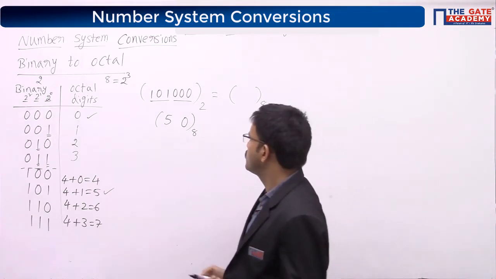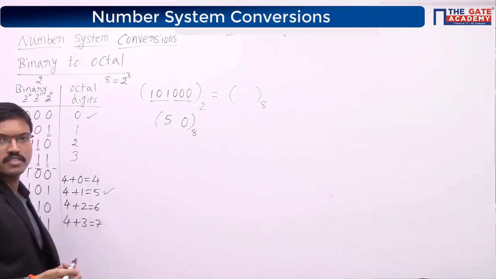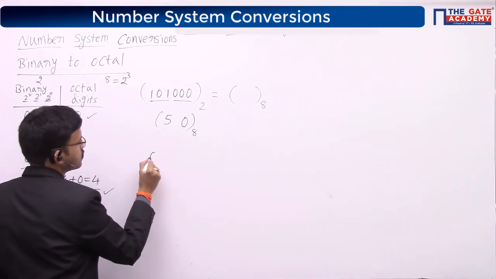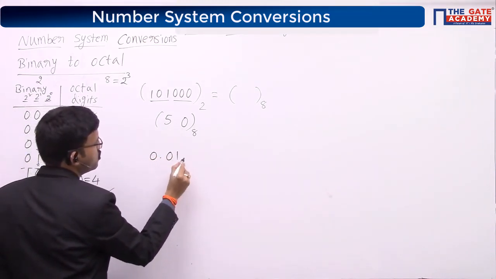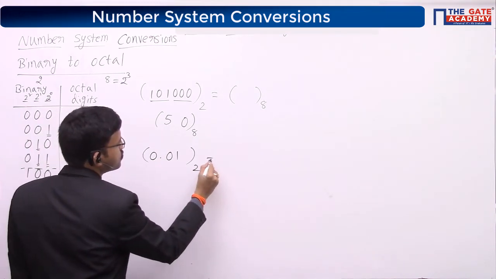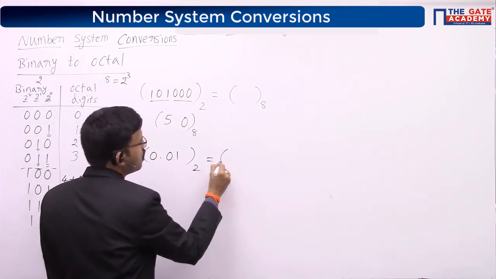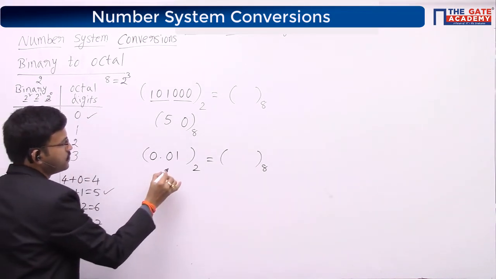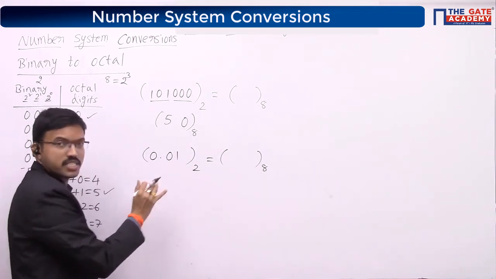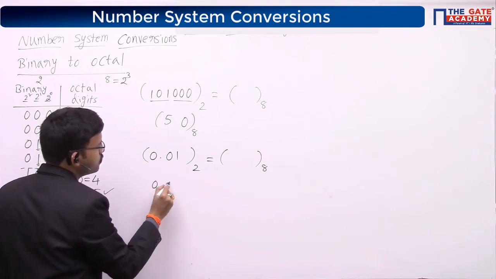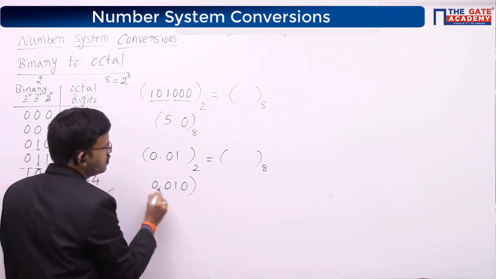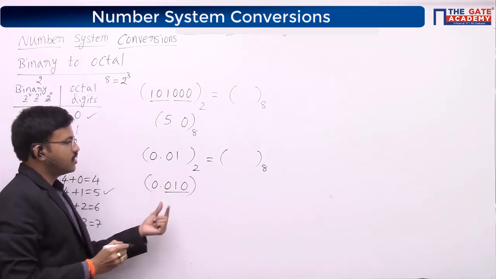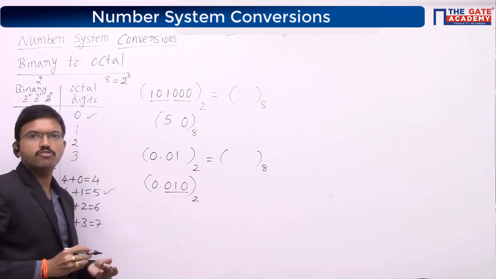Similarly, for the fractional part, say 0.01 base 2, I want to convert into octal. Here I have only 2 bits. What you can do is put a 0 on the rightmost side. If you put 0 here, the equivalent value won't change.